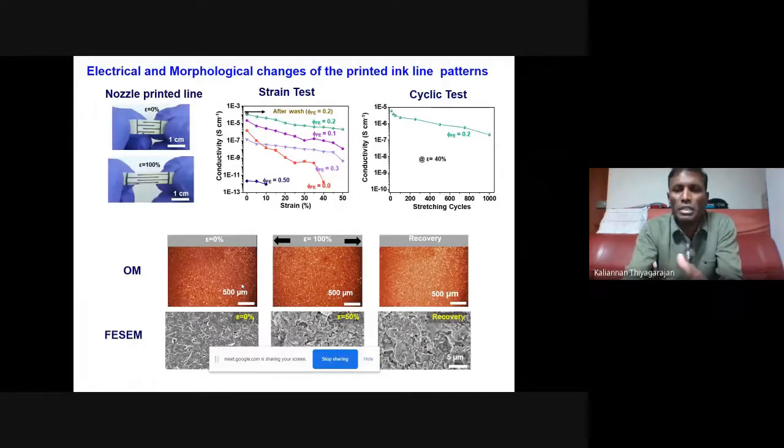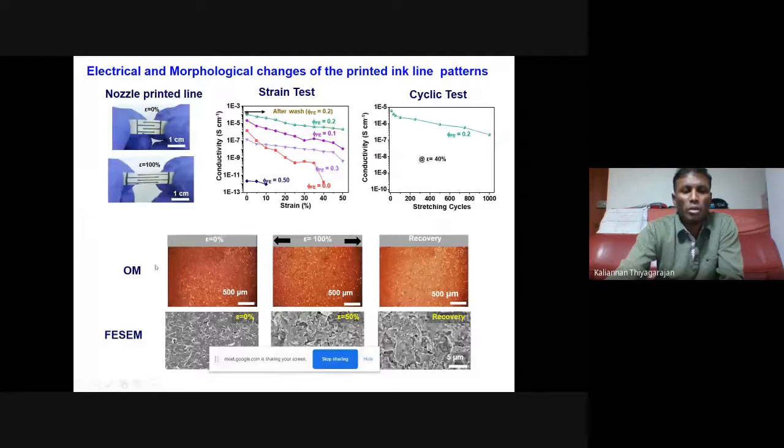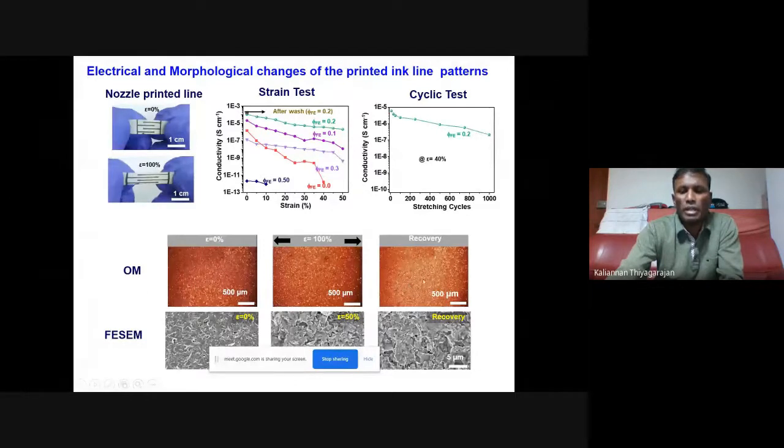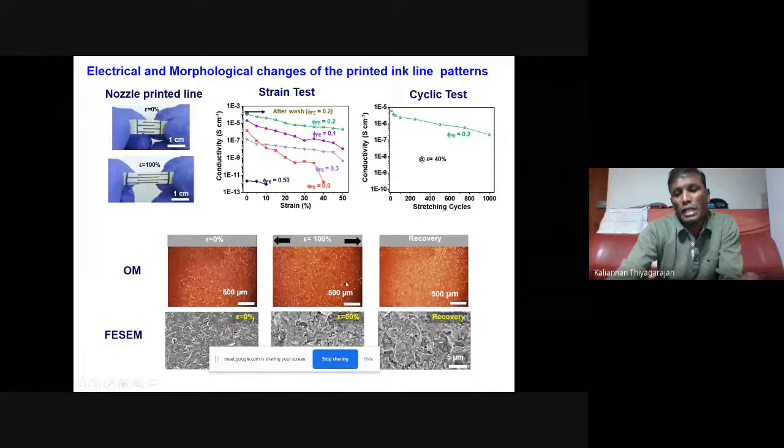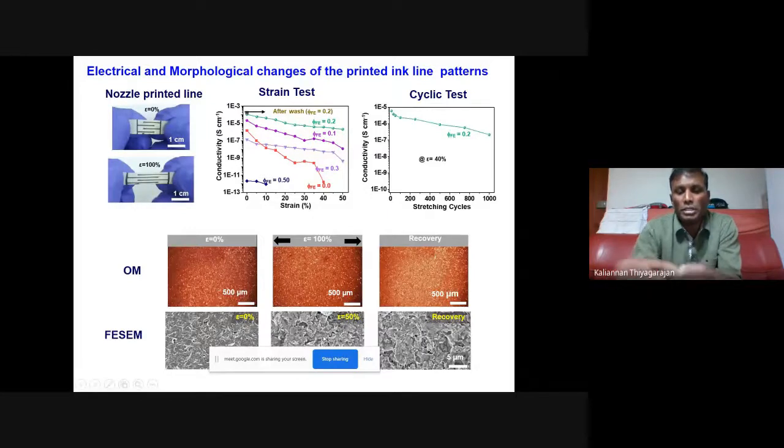After checking the electrical observation, I checked the morphology, how it looks under stretching. These are the OM images, and we cannot find any cracks because of the resolution and magnification. But when I use FESEM at 50% strain, there are some cracks and dislocations forming.